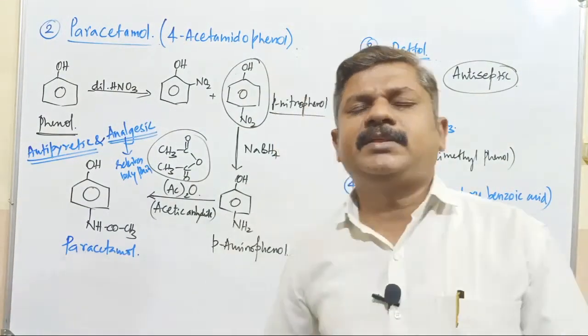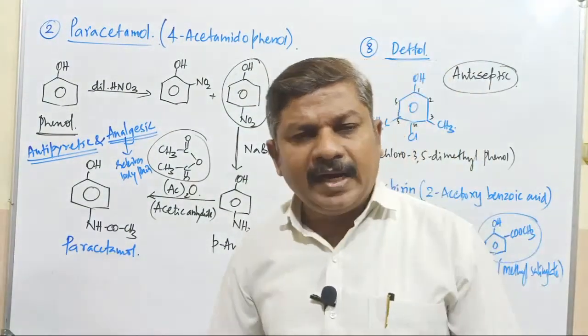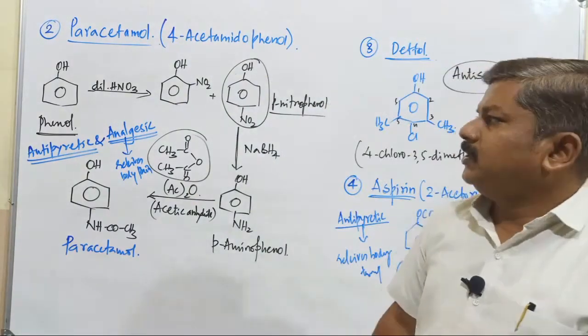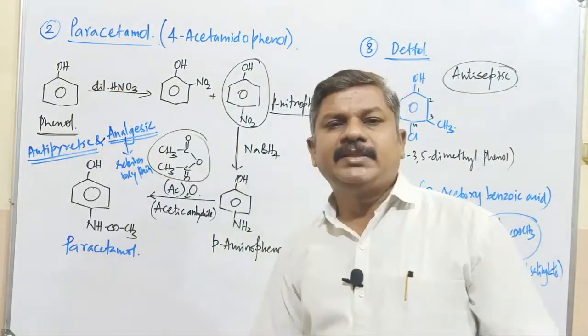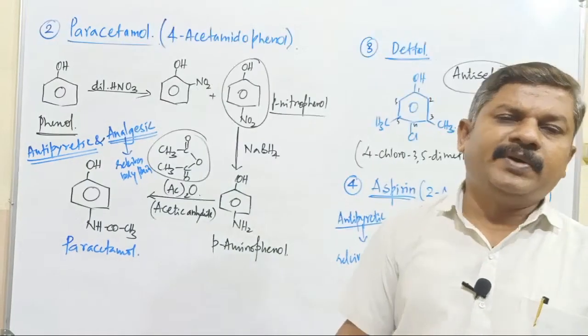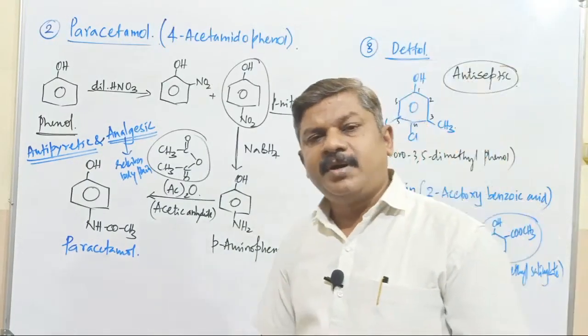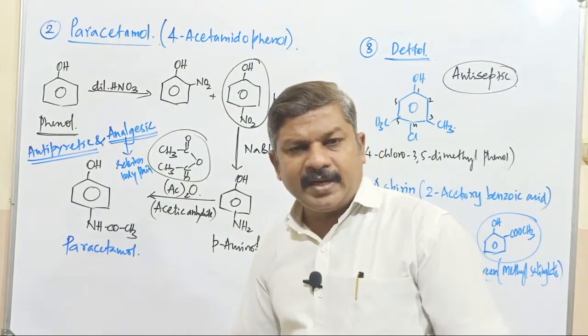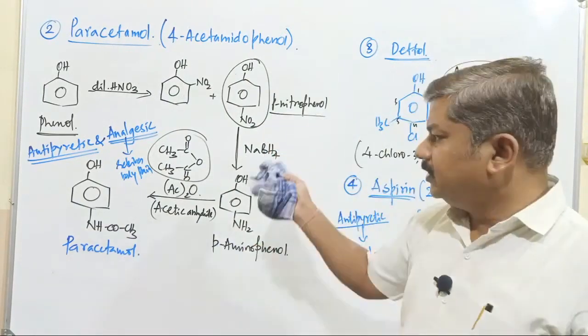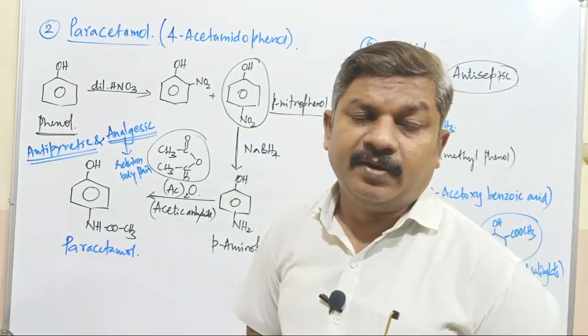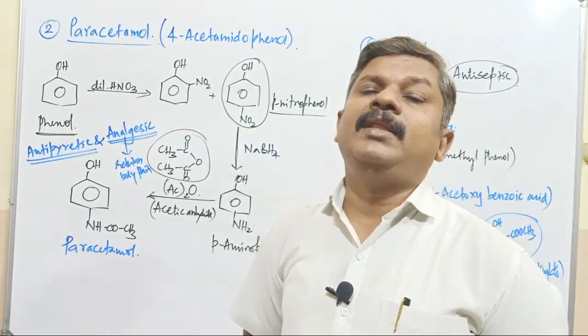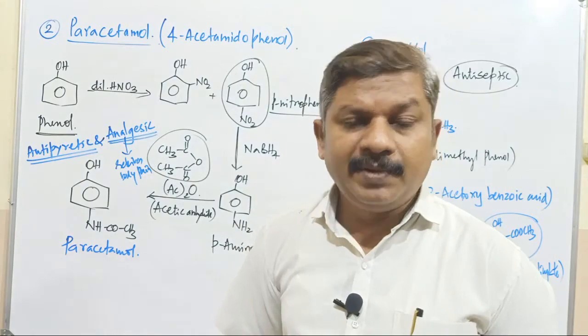We have discussed a number of reactions related to phenol. Reactions because of the OH group, reactions because of the benzene nucleus, and some special reactions: Kolbe's reaction, Reimer-Tiemann reaction, oxidation reaction, hydrogenation, coupling reaction. So many reactions we have discussed in relation to phenol. Here I am not covering only the reactions given in NCERT.